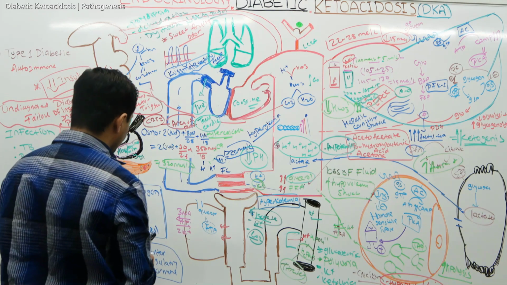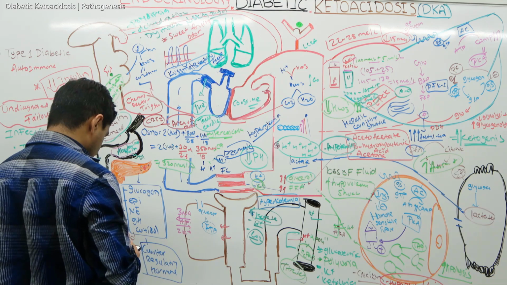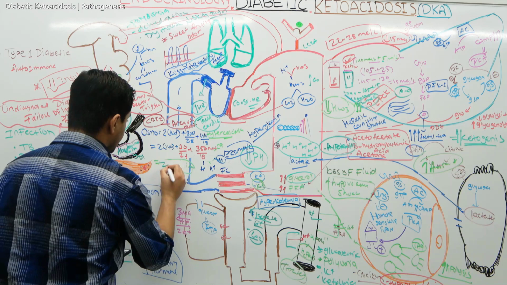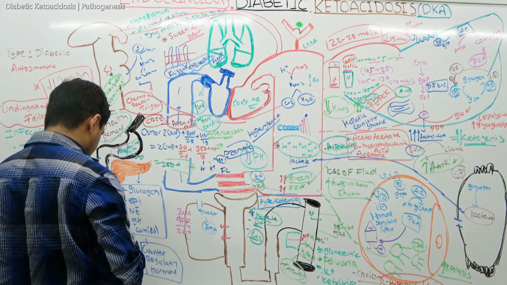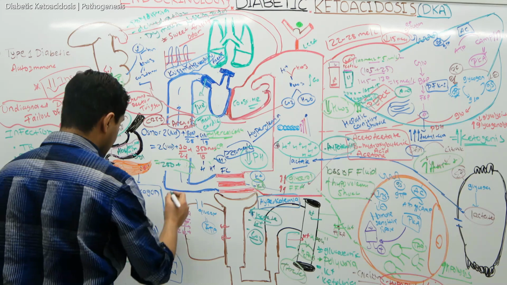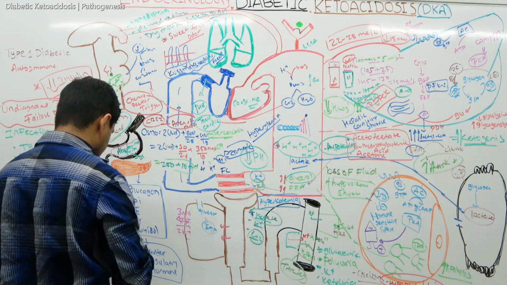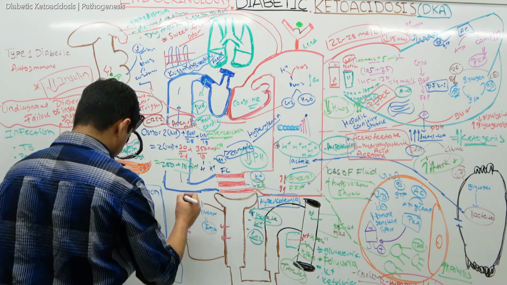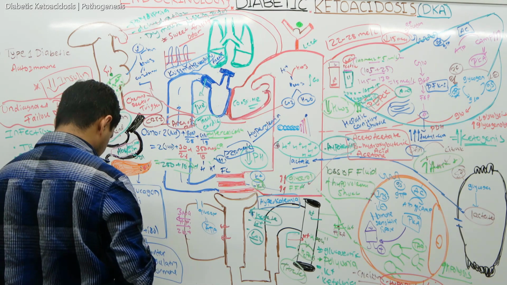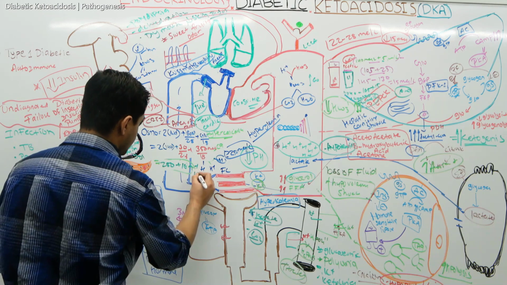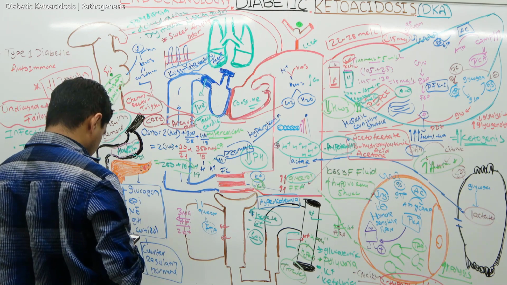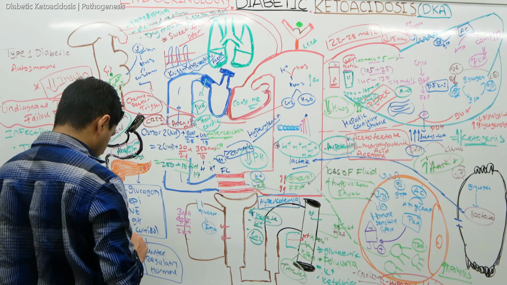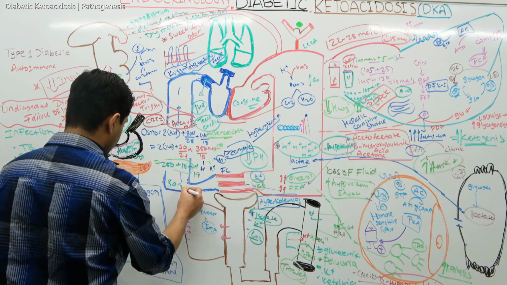Whenever you multiply 2 times 140, that's 280. Then you do 30 divided by 2.8, which gives about 10.7, plus 350 divided by 18, which gives 19 point something. So when you add 280 plus 19.44 plus 10, that's about 309.44.